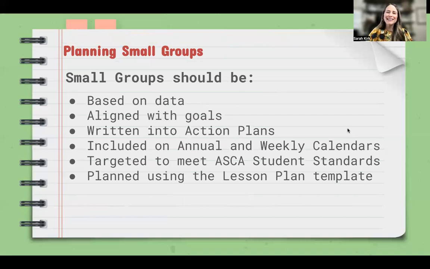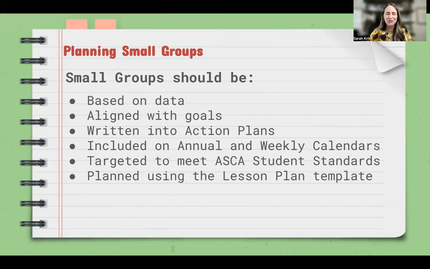All right, so really ideally, we want our small groups to be based on our student data, aligned with the goals that we have for our school counseling program, written into our action plans, included on our annual and weekly calendars, targeted to meet those ASCA student standards, and then planned using the lesson plan template.